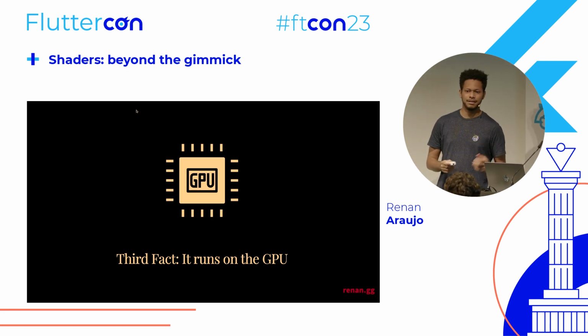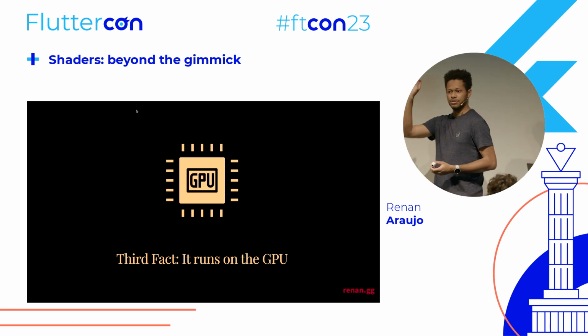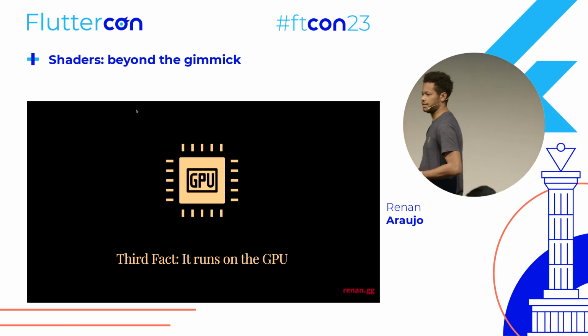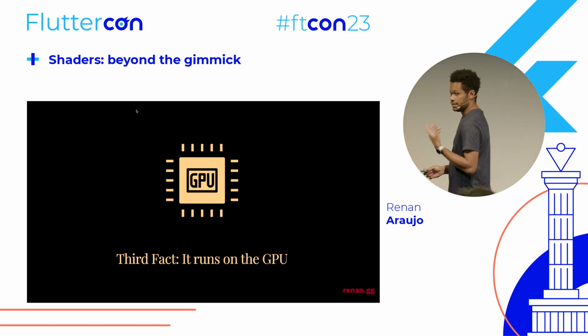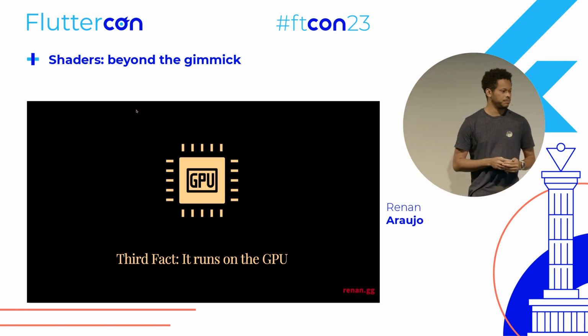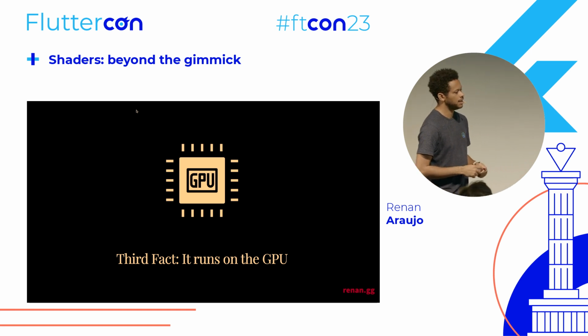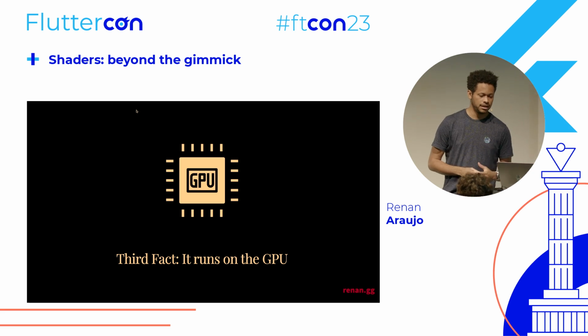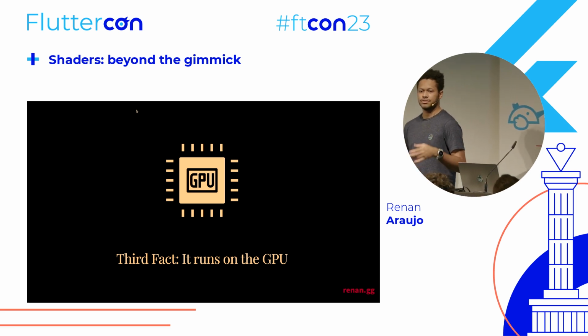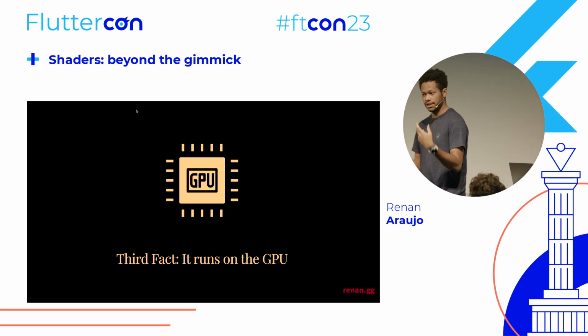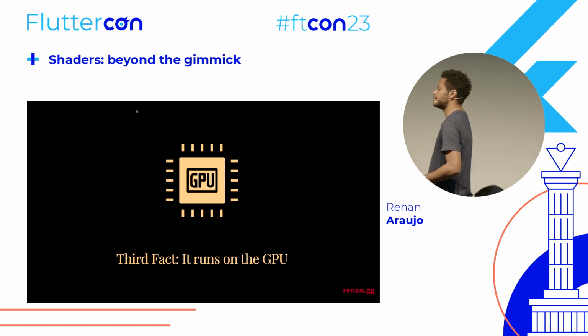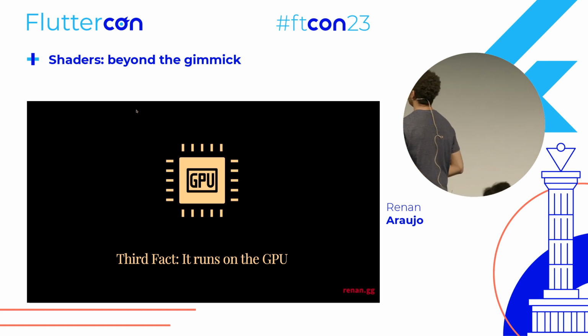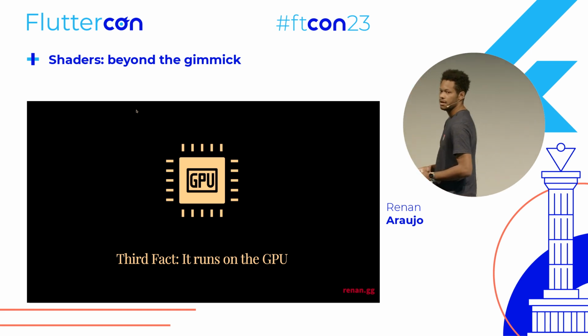So we cannot determine the result of one pixel and use that result for another pixel on the screen. It's always parallel, and the reason for that is that it can leverage the GPU. The GPU is a specific chip that exists to run things in parallel. They are really good at that. And well, that's what makes fragment shaders really fast.